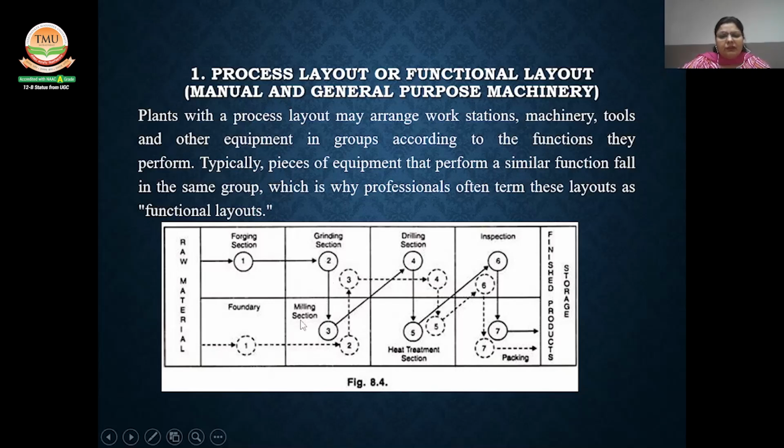After grinding, it comes to the milling section, and then goes to the drilling section. In the drilling section, it is joined with some different parts and equipment. After the fourth point, it comes to the heat treatment section. Here, after giving too much heat, we can go for compression.